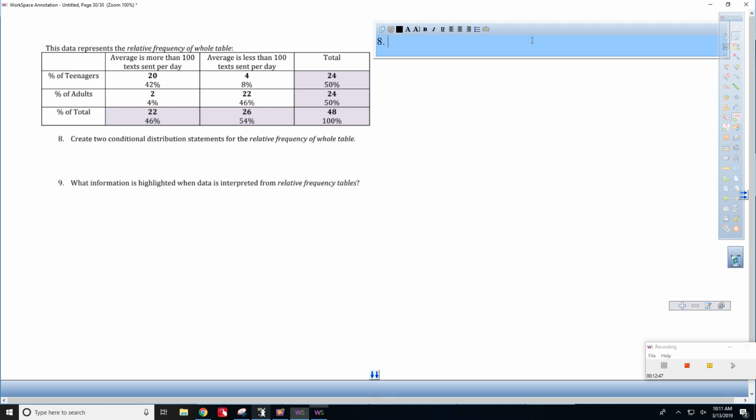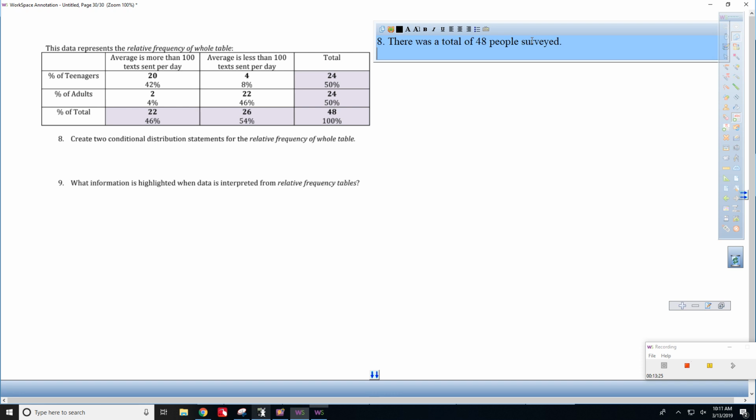Relative frequency conditional distribution. I think so. There was a total, because it's involving a total, of 48 people surveyed. Give me another one. From the purple. So give me a statement about the total number of people that send less than 100 texts in a day.